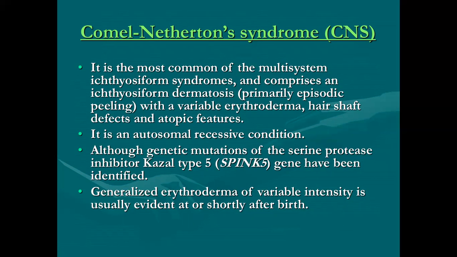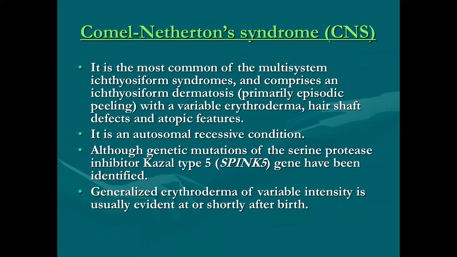It is considered the most common of the multisystem ichthyosiform syndromes and comprises an ichthyosiform dermatitis, which is characterized by episodic peeling, variable degree of erythroderma, hair shaft defect, and atopic features.